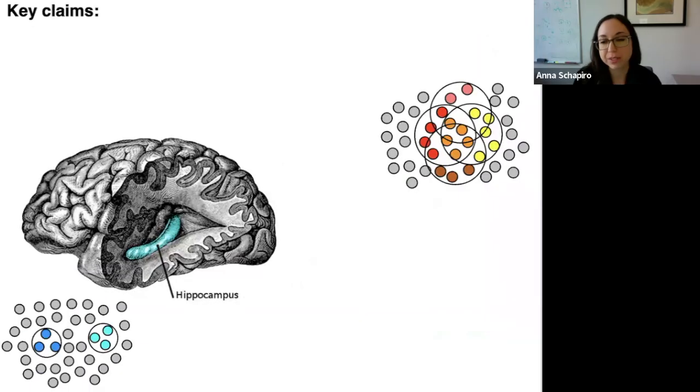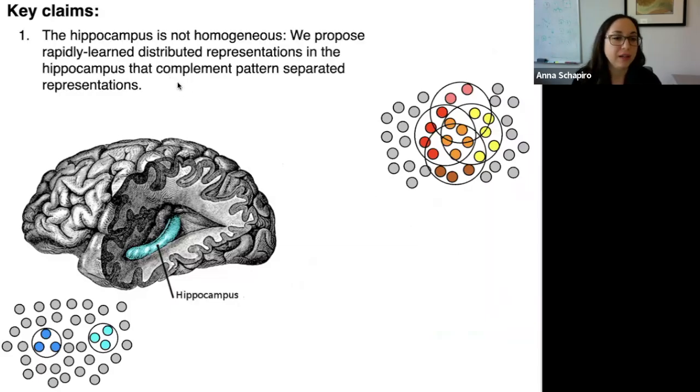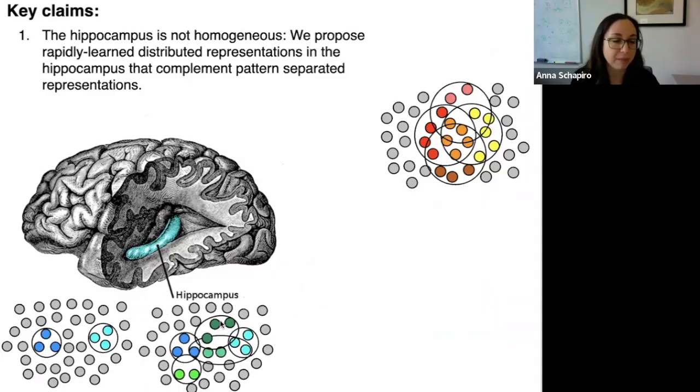Just to give you the take-homes in advance, I'm going to make two claims. One is that we can make progress towards understanding those questions by noticing that the hippocampus is not homogeneous itself. We propose that there are rapidly learned distributed representations in the hippocampus that complement the classic pattern-separated representations and help us explain how you can learn across experiences quickly.